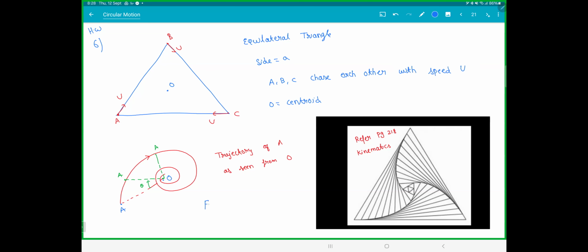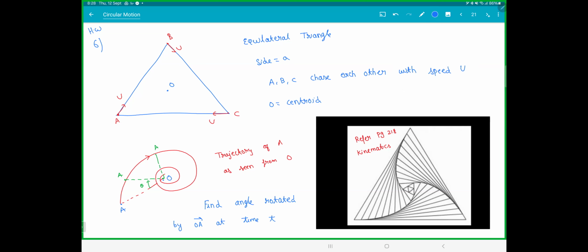Find theta as function of time t. Find angle rotated by the vector OA bar as function of time t. Are you getting what I'm asking? It feels as if that O is going round, round, round. So find the angle.